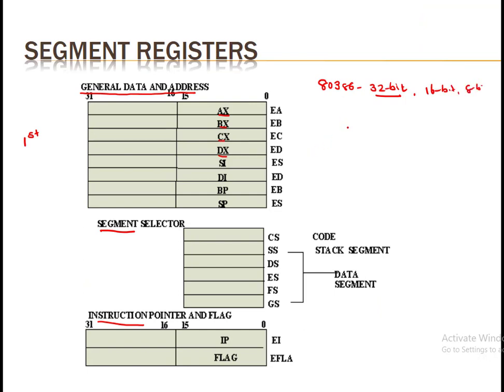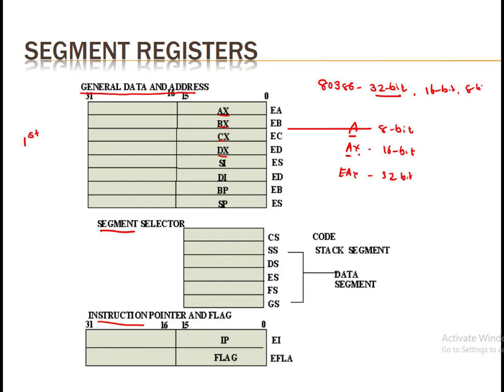If the register name is A, it indicates 8-bit operation. If the register name is AX, it indicates 16-bit operation, and EAX indicates 32-bit operation. So only the letters A, B, C, D indicate 8-bit operation.